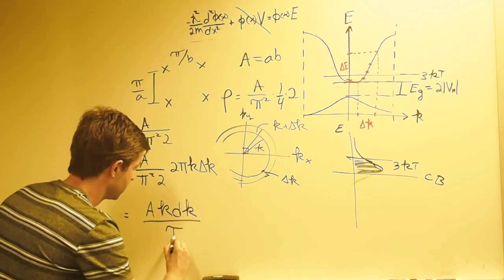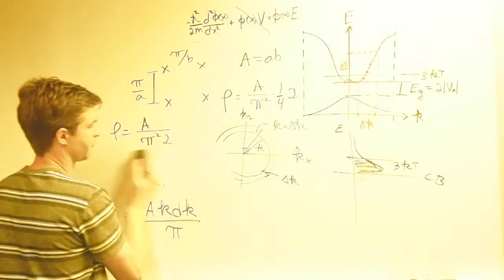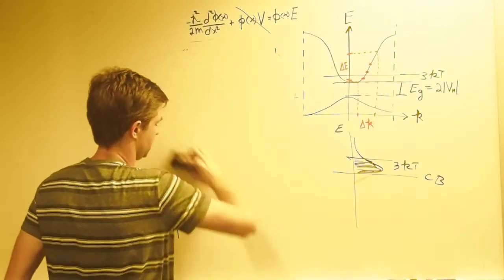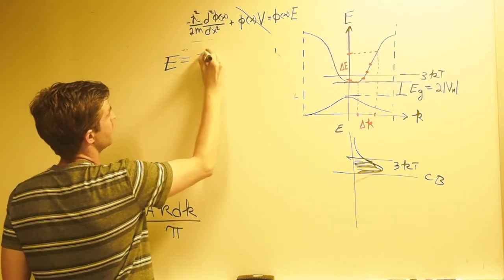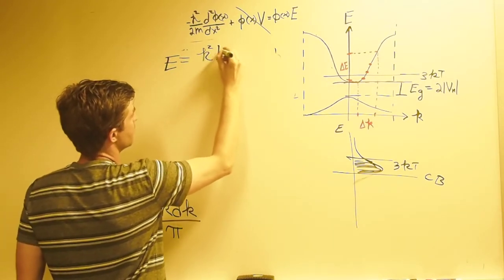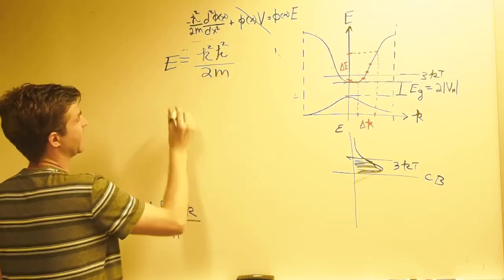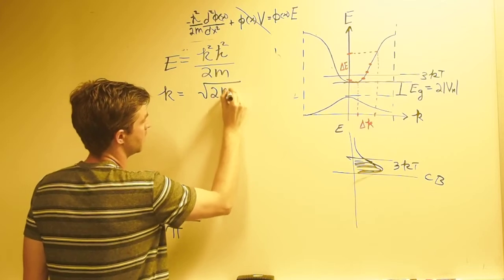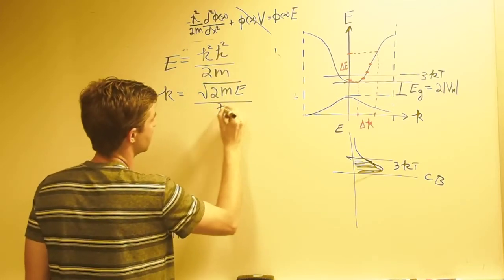So we can rewrite that as A k dk over pi. Okay, let's go back to free electron energy. What do we know from free electron energy? E is equal to k squared h bar squared over 2m. k is equal to the square root of 2mE over h bar.